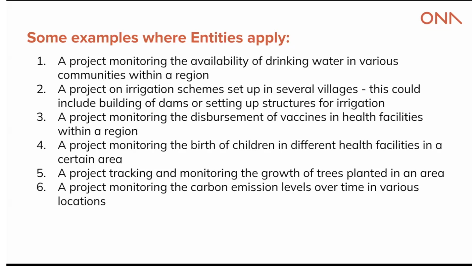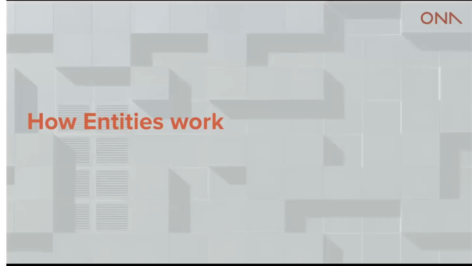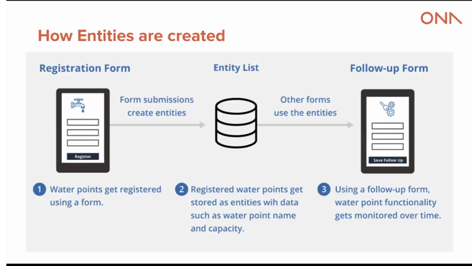You can have a project that is monitoring the disbursement of vaccines in health facilities, just monitoring the stock and how the vaccines are being disbursed. Birth of children in different facilities, you can also monitor this. Tracking and monitoring the growth of trees. And also you can use entities in monitoring carbon emission levels over time in various locations. So these are just a few examples where entities would apply and help you in your work.